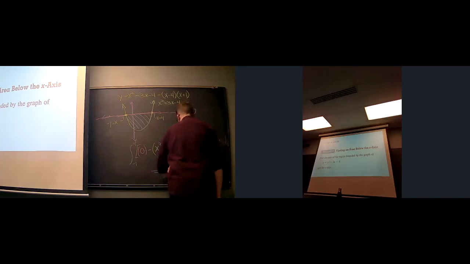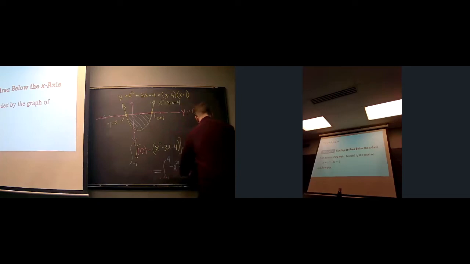So we're going to have negative x squared plus 3x, my mistake, plus 4 dx. We're going to integrate that and then apply our bounds.